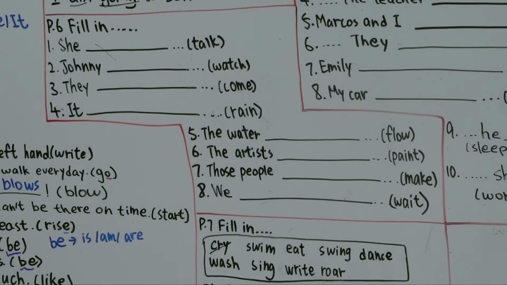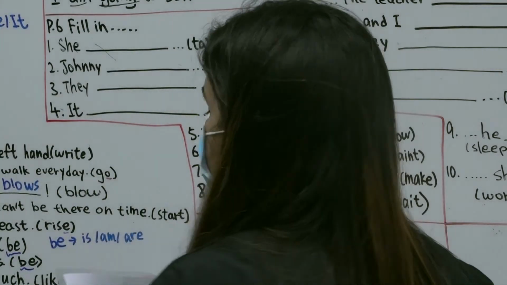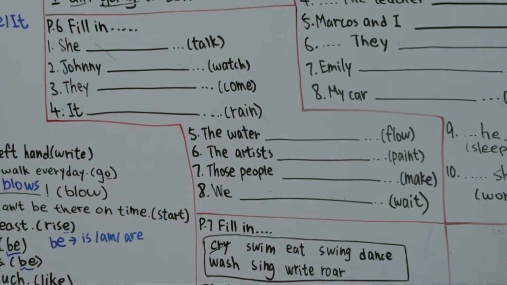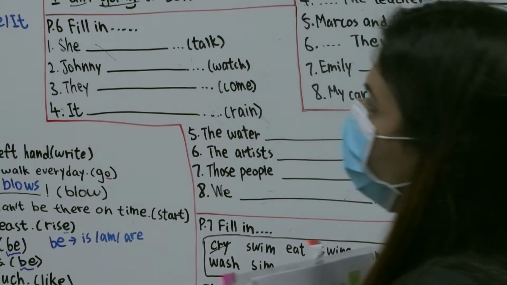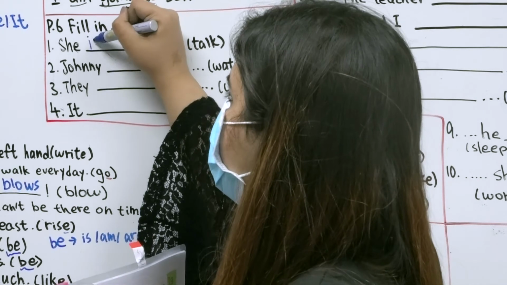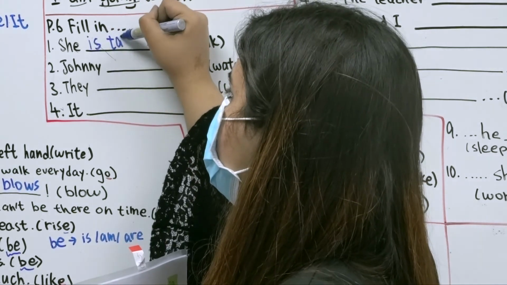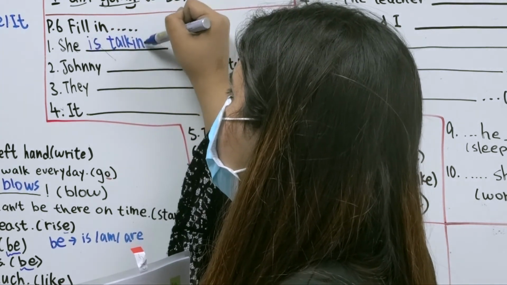Alright, let's go. Number 1, she space on the phone. Talk. Subject she, we use the verb to be. Which verb to be do we use for she? We use is, right? So talk becomes talking.